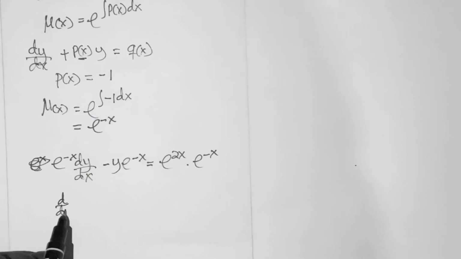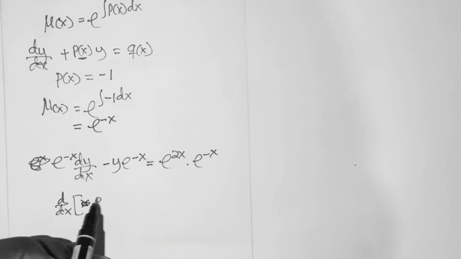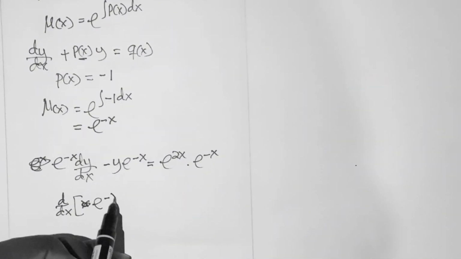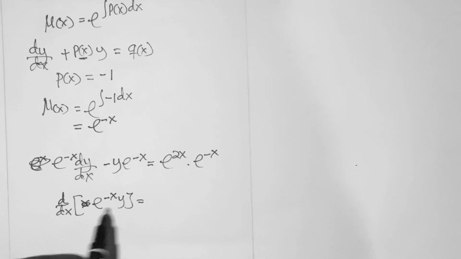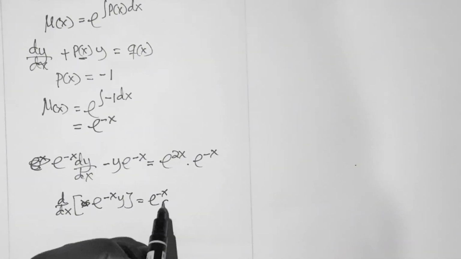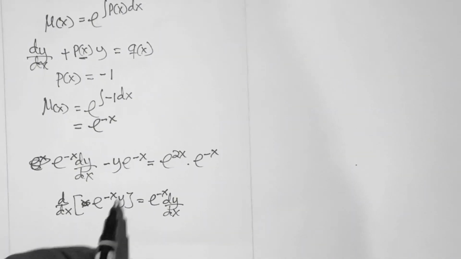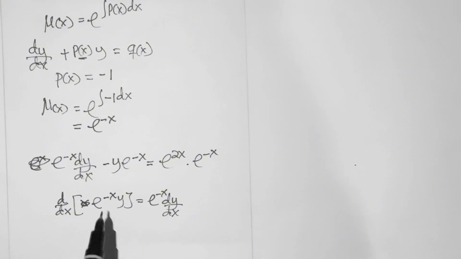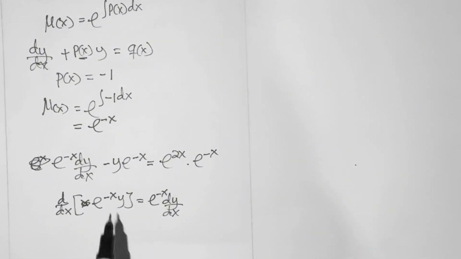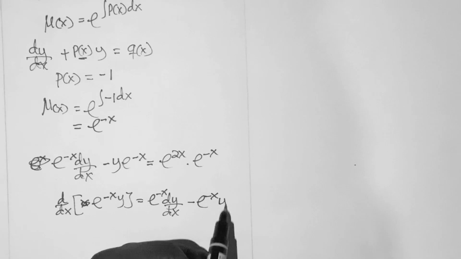What is d/dx of e^(-x)y? Keep e^(-x) constant and differentiate y, so it becomes e^(-x) dy/dx. Then keep y constant and differentiate e^(-x), which gives minus e^(-x) y.